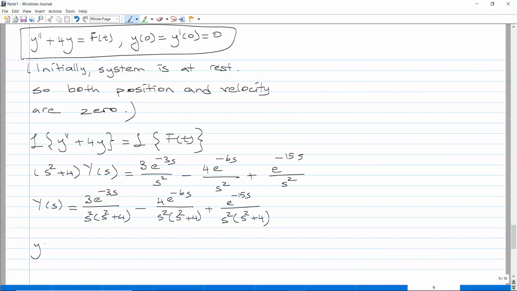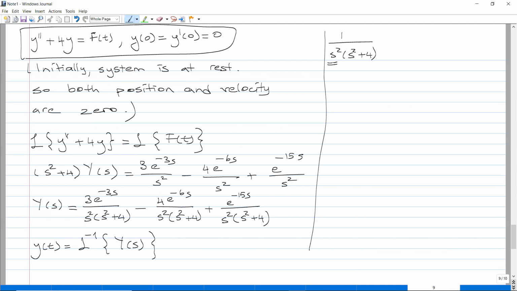Now, to find our solution, we need to take the inverse Laplace of this function. So, as before, first we need to apply partial fractions to 1 over s squared times s squared plus 4. In general, this is how we should do this.